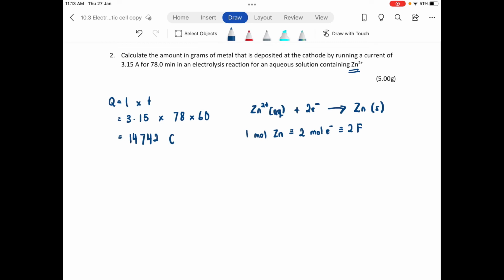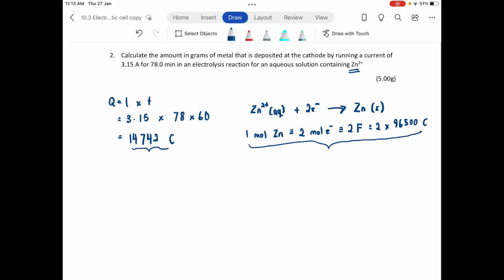Because now we have information in coulomb, we have to change Faraday to coulomb in order to relate between our moles of zinc and charge. So 2 Faraday means 2 times 96,500 coulomb.